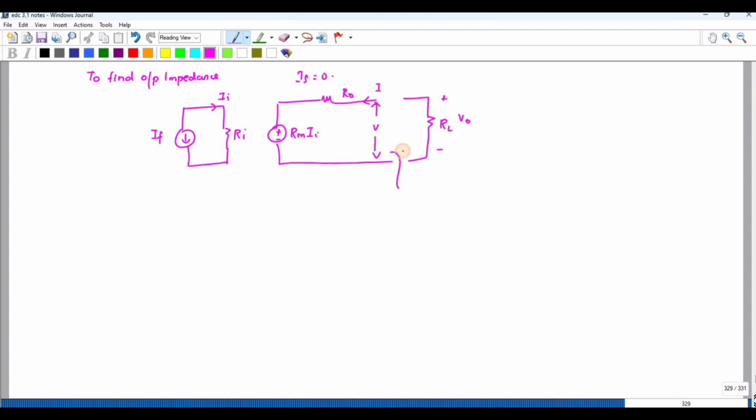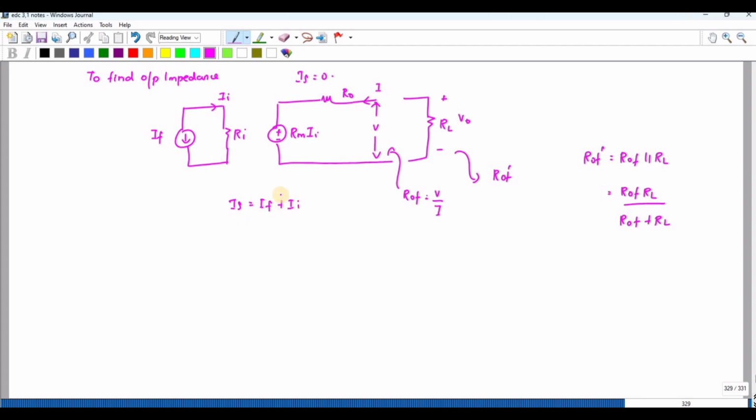So this resistance is R naught F, where R naught F is equal to V by I, and this one is nothing but R naught F bar, where R naught F bar is nothing but R naught F in parallel with RL. That is nothing but R naught F RL divided by R naught F plus RL. So first we know that Is is equal to If plus Ia.